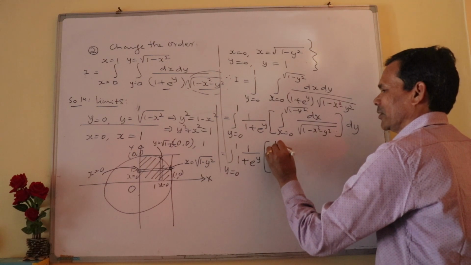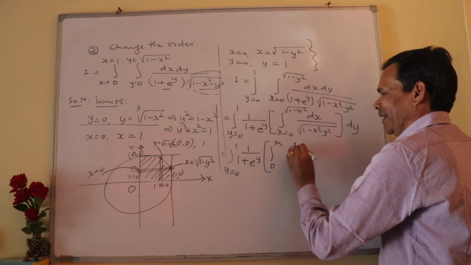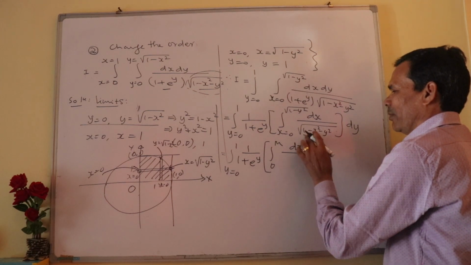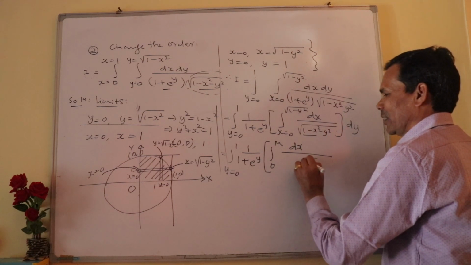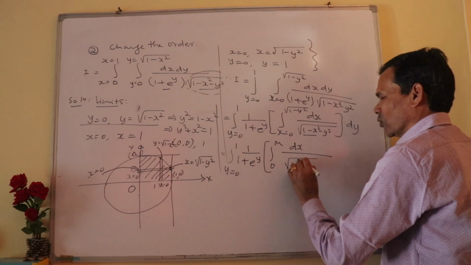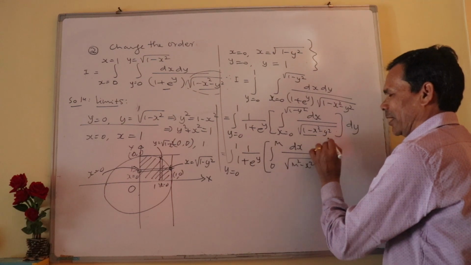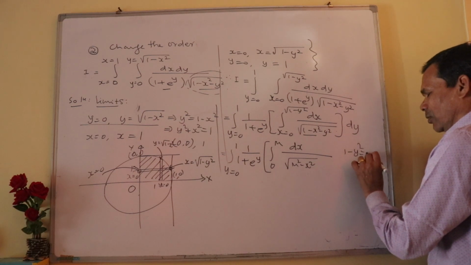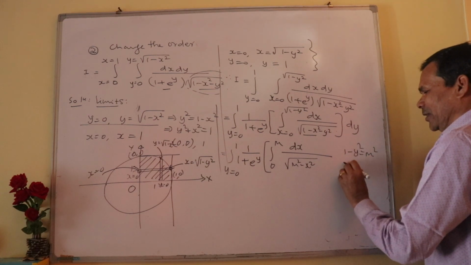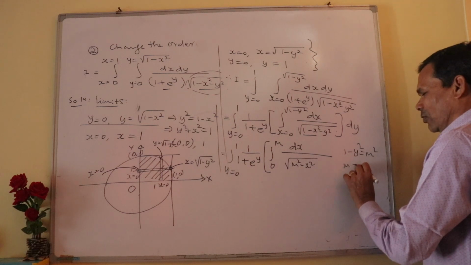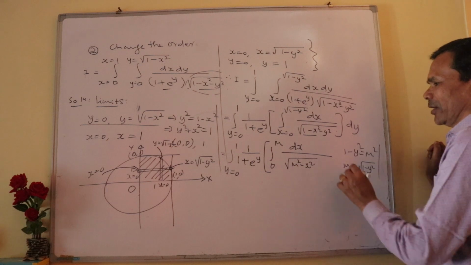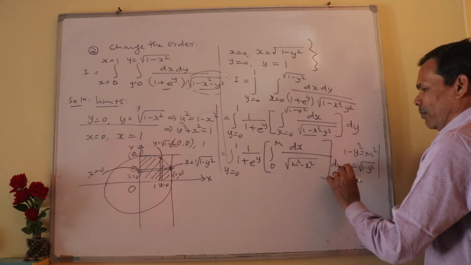Root of 1 minus x square minus y square, dx upon, so m square minus x square, because 1 minus y square I take as m square. So for simplicity, m is equal to root of 1 minus y square. This is a temporary substitution I have taken in order to avoid the complications.